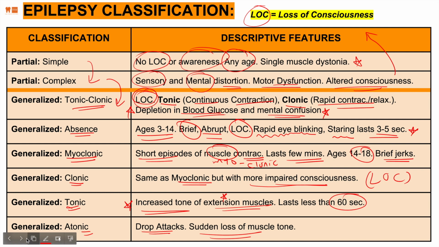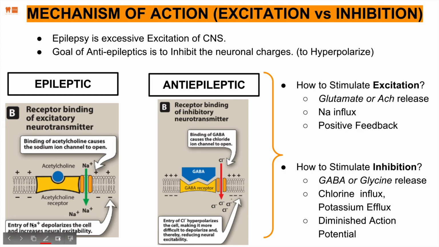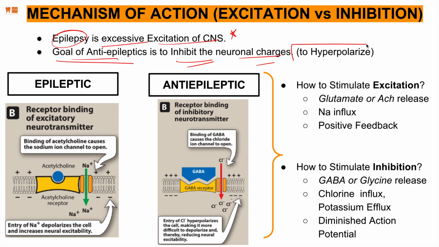Okay, the mechanism of excitation and inhibition. Now, we know that epilepsy is an excessive excitation of the CNS. So the goal of the anti-epileptics must be to inhibit the neuronal discharges. In other words, we need to hyperpolarize the synapse. So, for example, in epilepsy, the receptor binds to an excitatory neurotransmitter, for example acetylcholine.